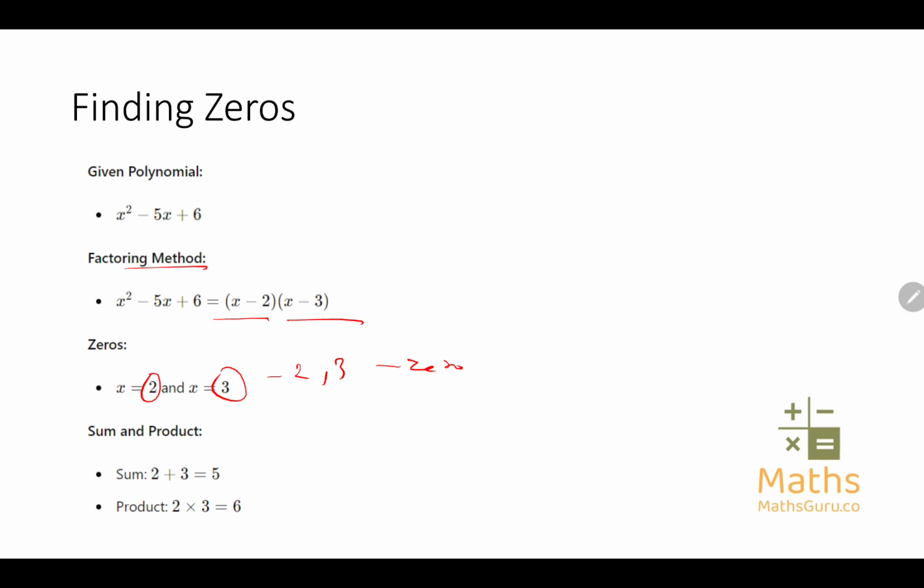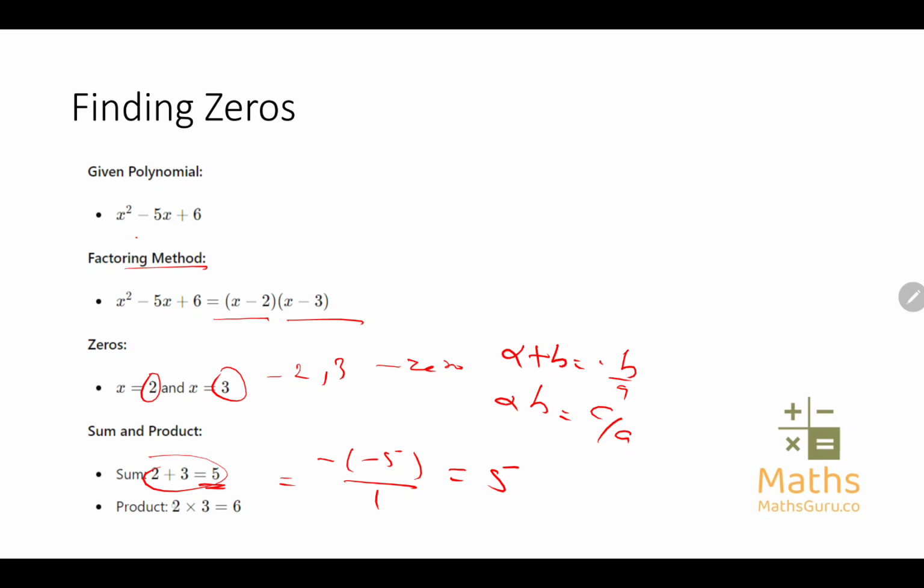Let's try to validate it. In the previous slides we have seen that alpha plus beta is minus b by a, and alpha into beta is c by a. The sum alpha plus beta is 5. Here minus b is minus of minus 5, divided by a which is 1, so it would become 5. This condition is fulfilled.